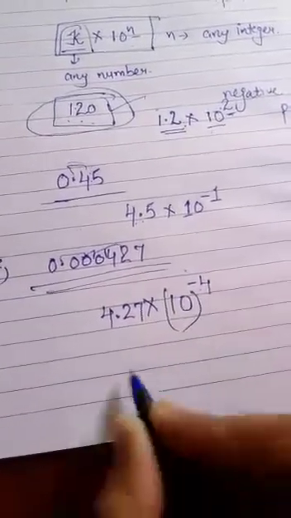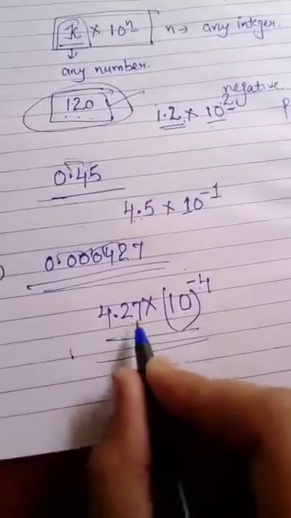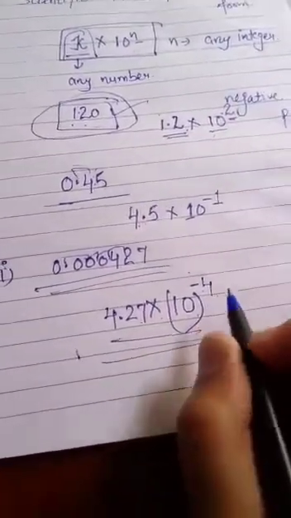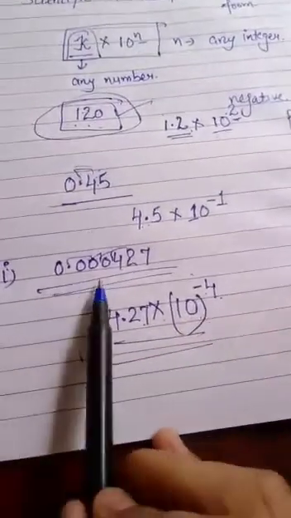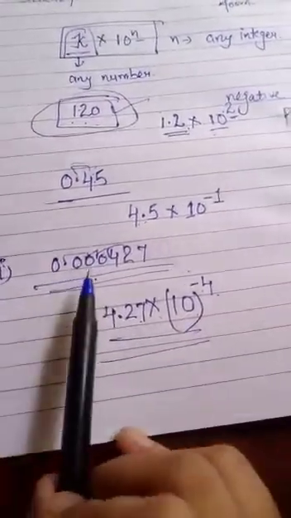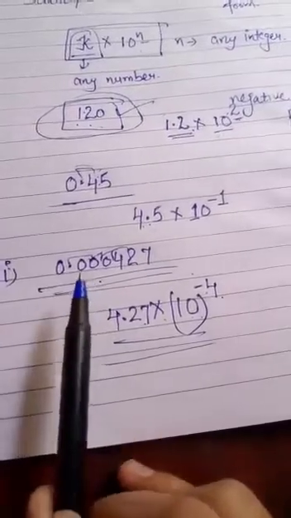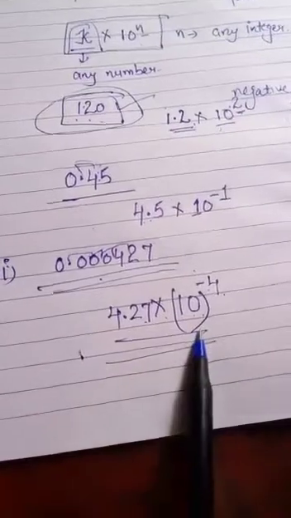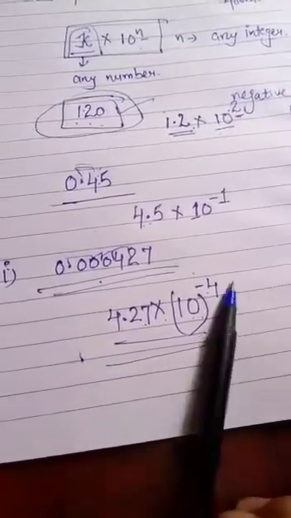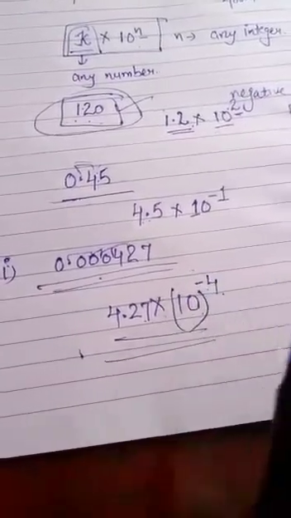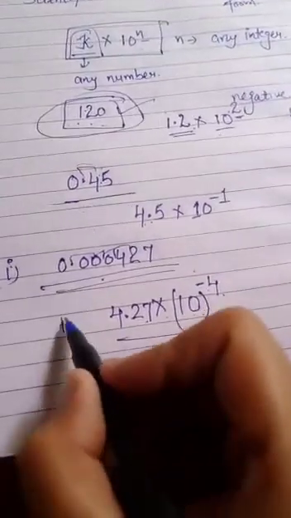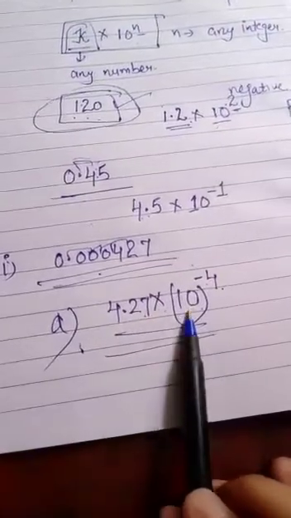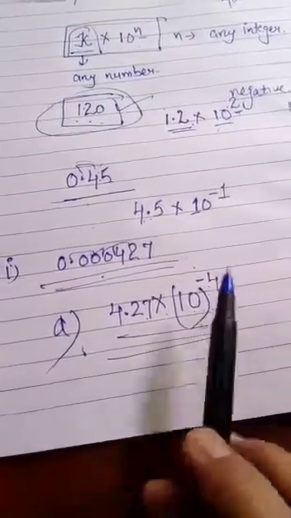The standard form is 4.27 multiplied by 10 raised to power minus 4. Why is it negative? Because the given number is less than 1, so the index of the number is negative. So the correct option is the first option, 4.27 multiplied by 10 raised to power minus 4.